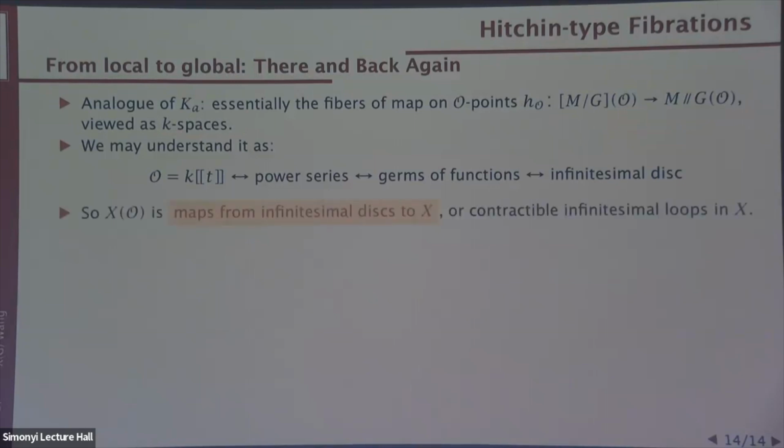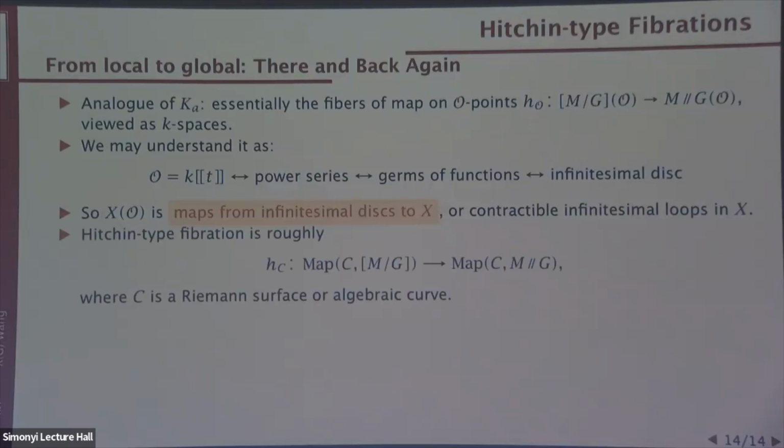So for any variety or stack, its O points are basically maps from infinitesimal disks to that variety or stack. Or if you are more classical, you can consider contractible infinitesimal loops in this space.